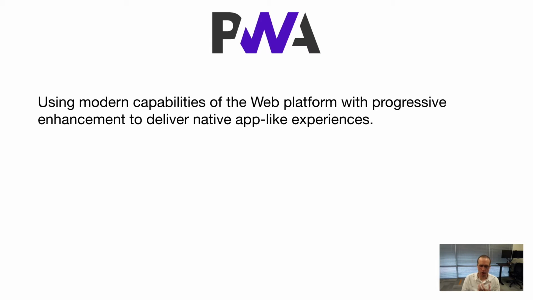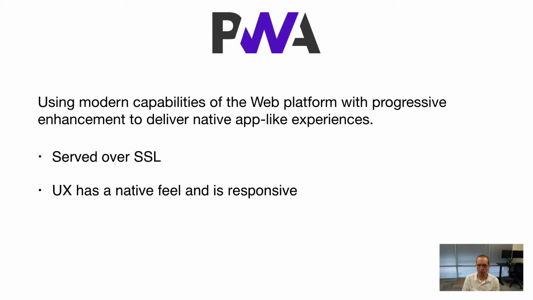So here are sort of my core criteria for what makes a progressive web app. One is it's served over SSL. You need to serve it over SSL in order to even have some of these APIs be available for privacy and snooping reasons. The UX has a native feel and it's responsive. You're designing your app to not feel janky.